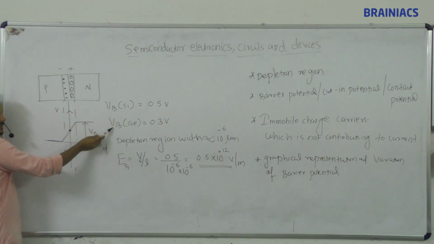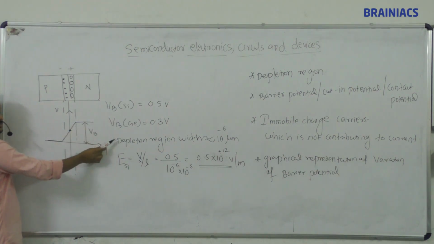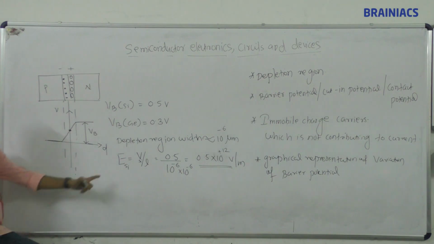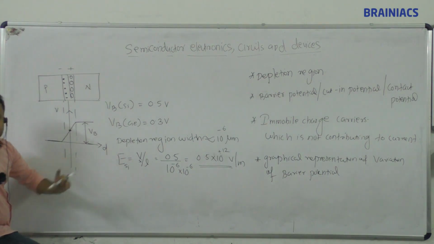These are the standard values for silicon, germanium and depletion region. If it is not given in the question and you want to solve for it, you can take the depletion region width as 10 power minus 6. Barrier potential for silicon 0.5, for germanium 0.3, and electric field is equal to potential by length.